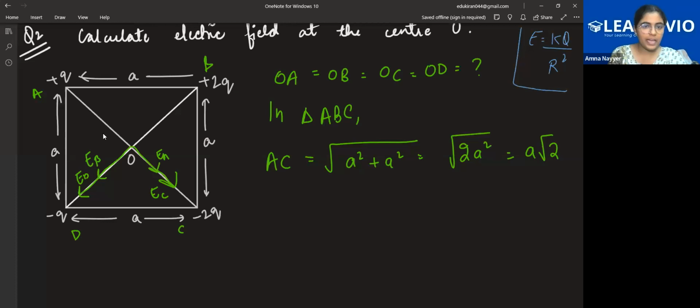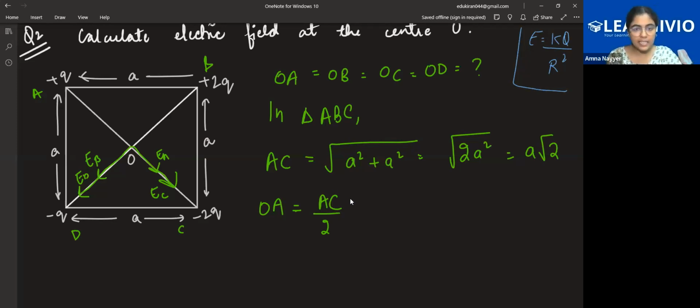What is OA? You know from your basics, point O is in the middle of AC, that is the diagonal's half. OA is basically diagonal's half.